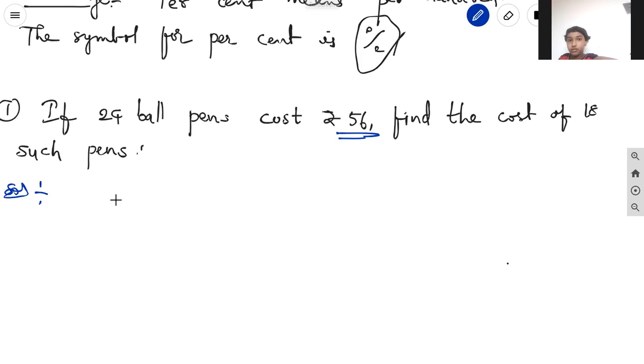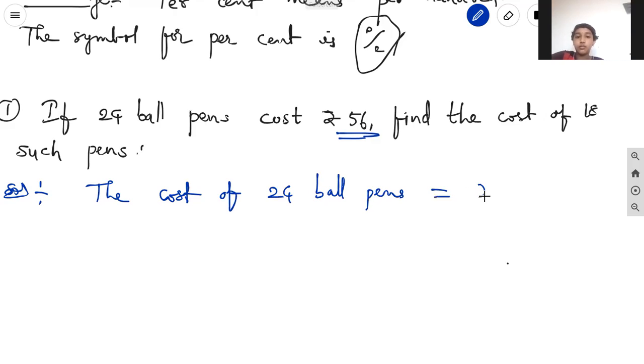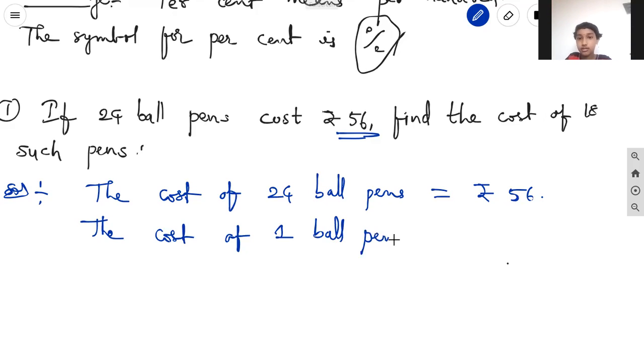First, what they have given: the cost of 24 ball pens is equal to 56 rupees. First, we can find out the cost of one ball pen. The cost of one ball pen means the 24 ball pens cost is divided by 24. Then we get the one ball pen cost.